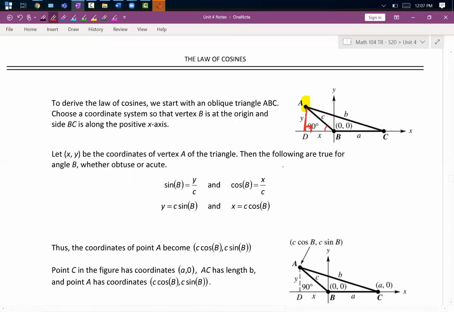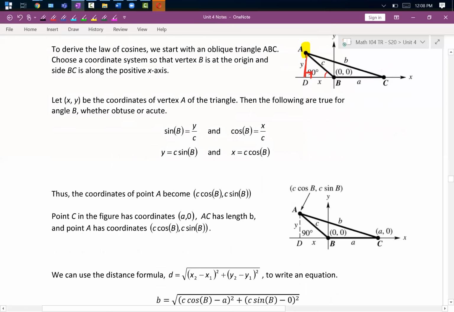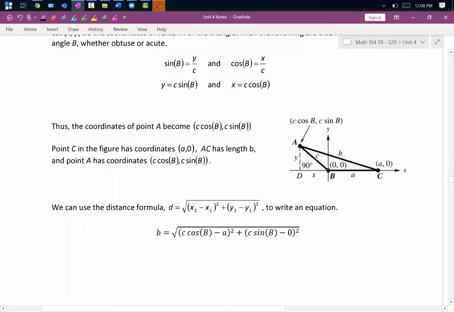So we can then solve for y and get y equals c sine of B. Then we can say that cosine of angle B, adjacent over hypotenuse, is going to be x over c. We can solve for x and get x to be c times cosine of B. So that ordered pair can be changed from x comma y to c cosine of B comma c sine of B. All right, great.